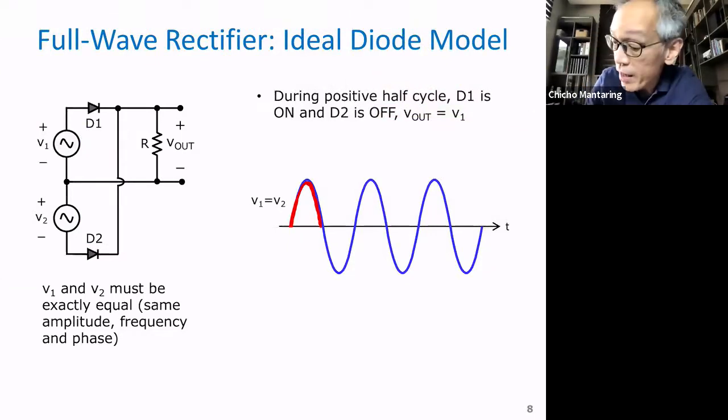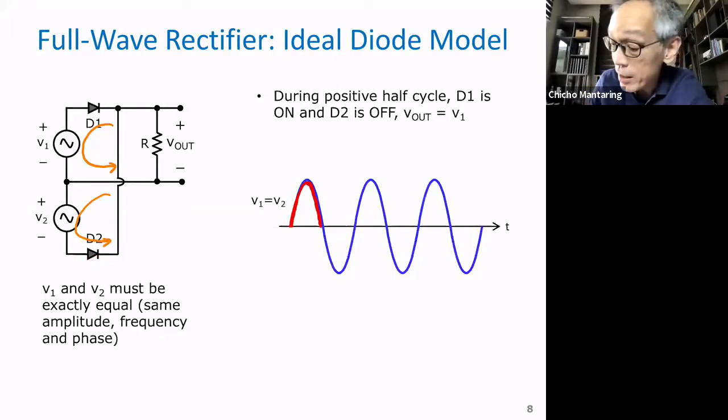During the negative half cycle, current is now trying to flow this way, here, and this way, here. So what happens to D1? D1 is now off, or that is an open circuit. And D2 is now on. D2 is a short circuit.